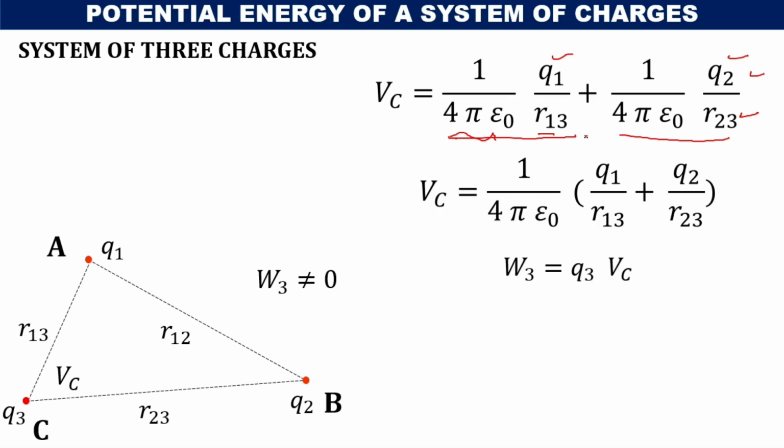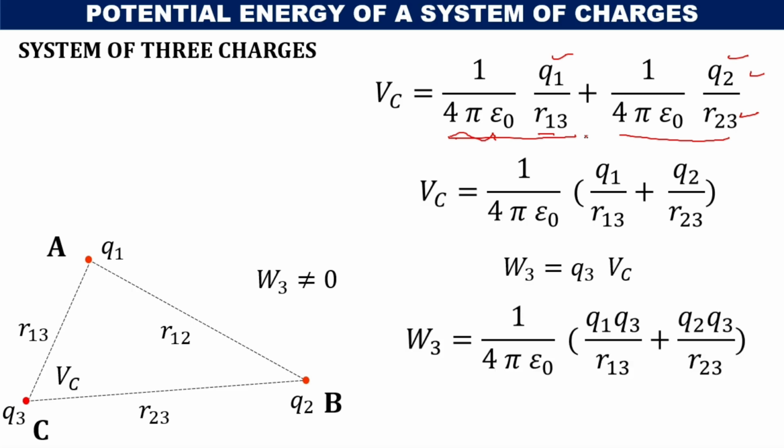As usual, W3 must be equal to the product of Q3 into the potential at C, Vc. Hence, W3 is equal to 1 by 4 pi epsilon naught into Q1 Q3 divided by R13 plus Q2 Q3 divided by R23.